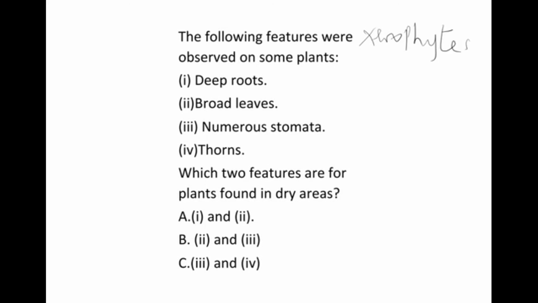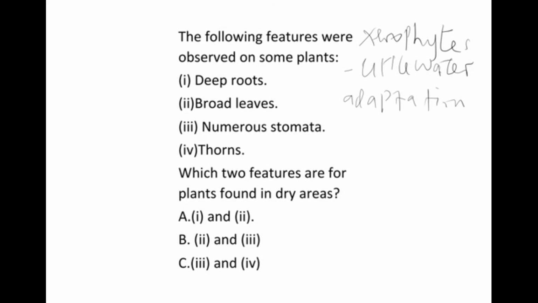They grow in areas that have little water, in desert and semi-desert, arid and semi-arid areas. Since these plants have a problem of water, they come up with mechanisms, or what you refer to as adaptations, that enable them to survive in such a habitat.